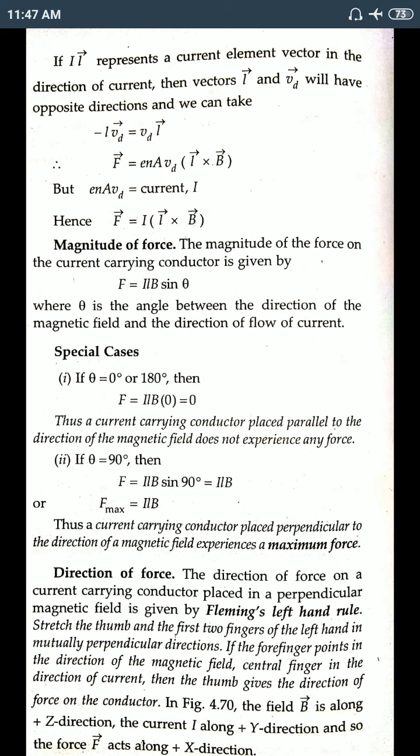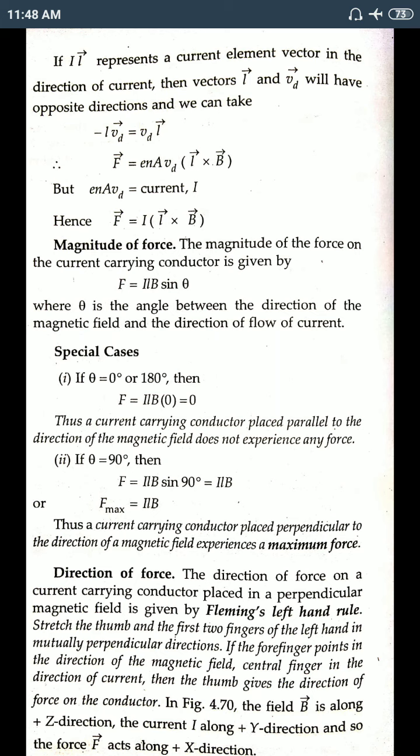How can we understand the direction of force? We already discussed using Fleming's left hand rule. If we stretch our thumb and first two fingers of the left hand in mutually perpendicular directions, with the forefinger representing the direction of magnetic field and the middle finger representing the direction of current, then the thumb gives us the direction of force on the conductor.